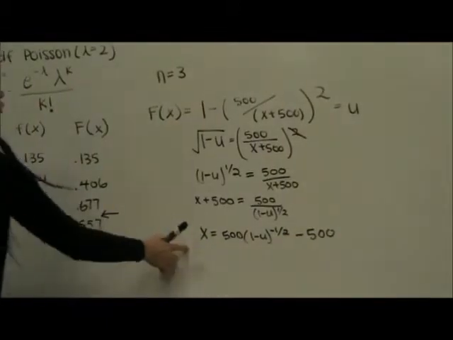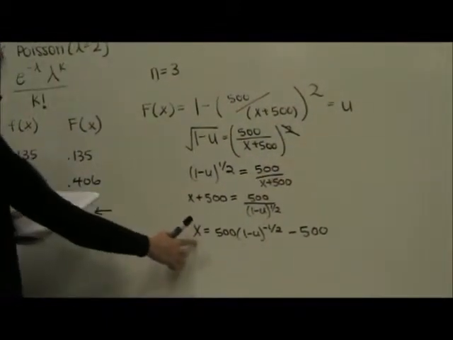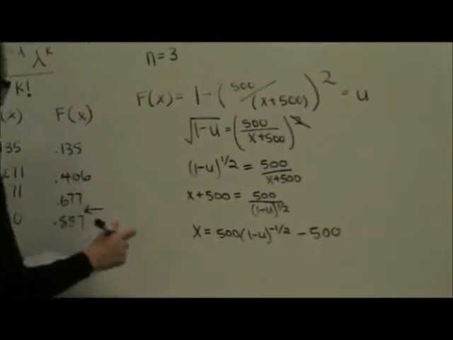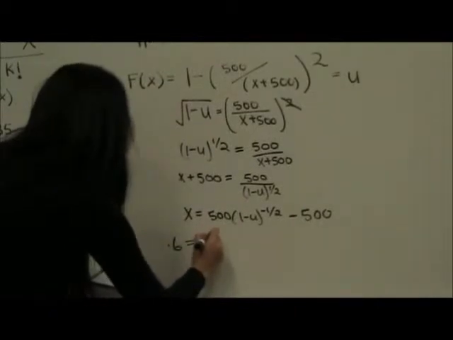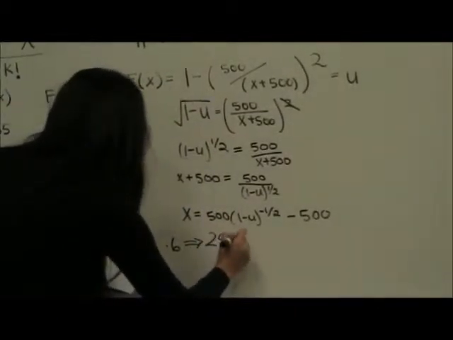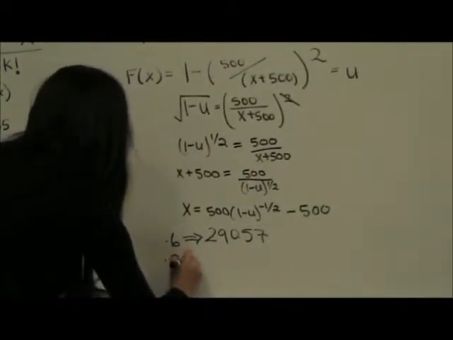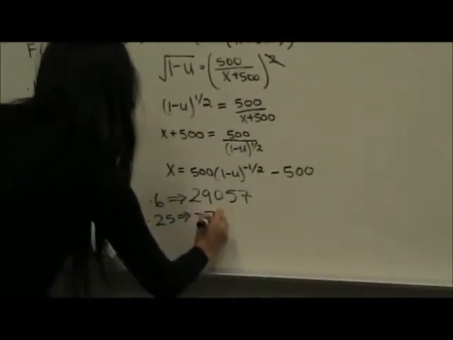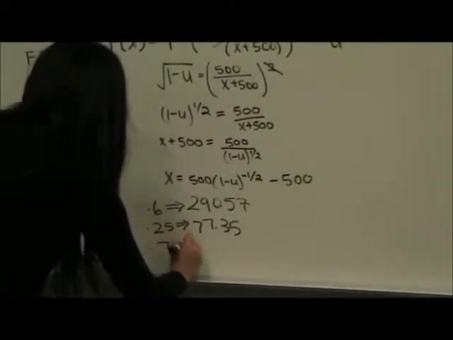So here you have your inversion method. Plugging these simulated values into this equation, 0.6 gets you 290.57, 0.25 gets you 77.35, and 0.7 gets you 412.87.